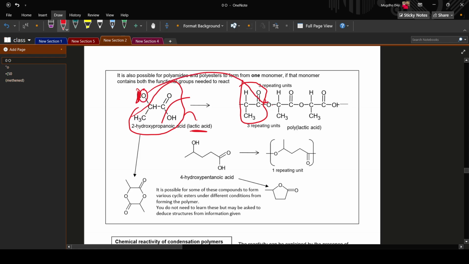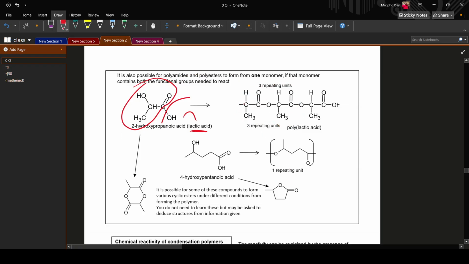Did you see that? Exactly, like this part up to this part down here. So these two join together, and like this, the polylactic acid or a polyacid is getting produced. So that's how it goes.